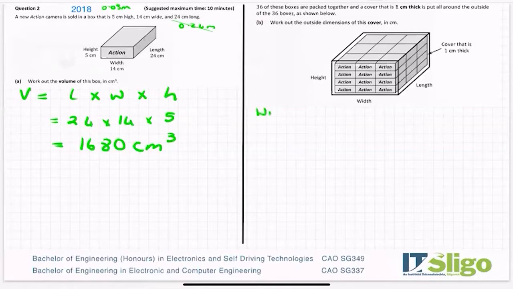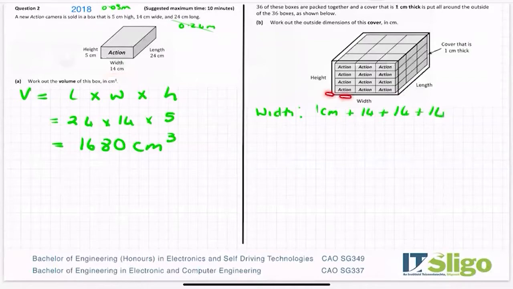Well, my width, I have a 1 centimeter cover here and a 1 centimeter cover here. So let me start from this corner. I have a 1 centimeter and then I have a box. So the width of my box was 14. And then I have a second box and then a third box.